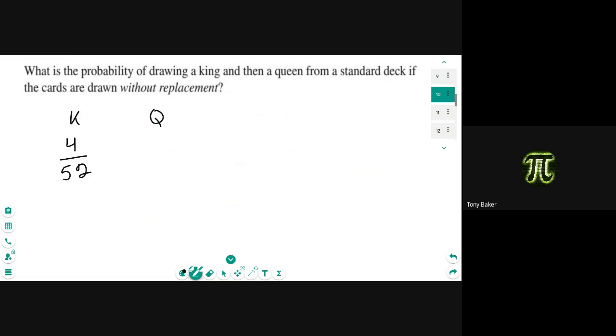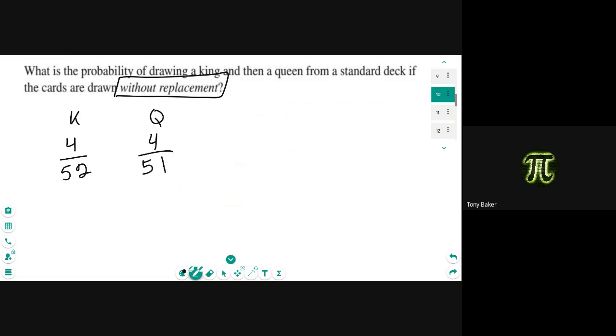So there's a key word here that we haven't talked about yet. Without replacement. If I've already taken the king out of the deck, how many queens are left in the deck? 4. How many cards are left in the deck? 51. Okay. Because I've taken the king already out of the deck.